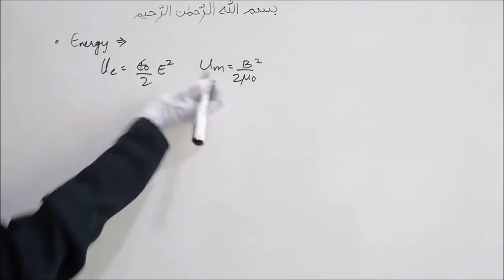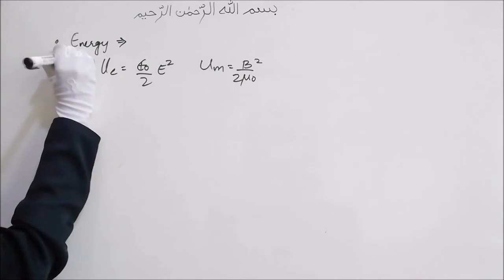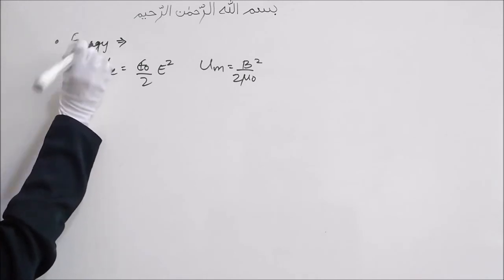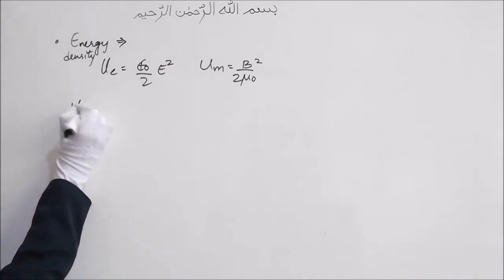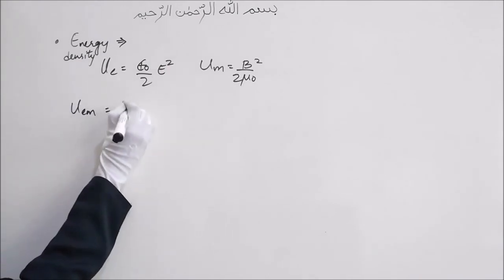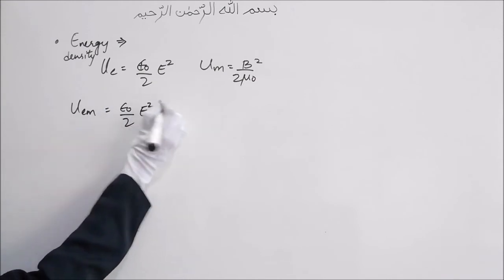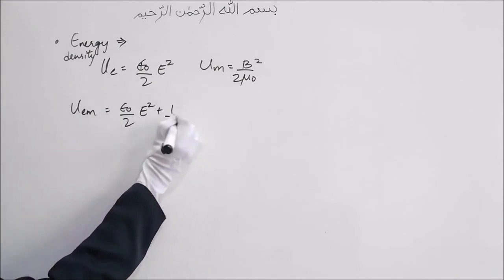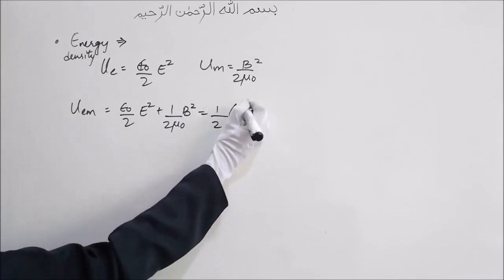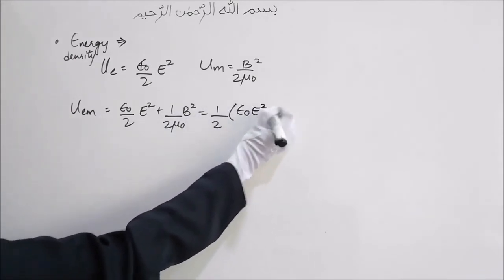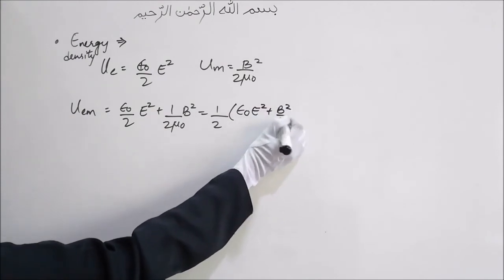This is also energy per unit volume, energy density. So the energy per unit volume in electromagnetic fields, U_EM, will be equal to epsilon naught by 2 E squared plus 1 by 2 mu naught B squared. That is nothing but 1 by 2 outside, and we'll have epsilon naught E squared plus B squared upon mu naught.